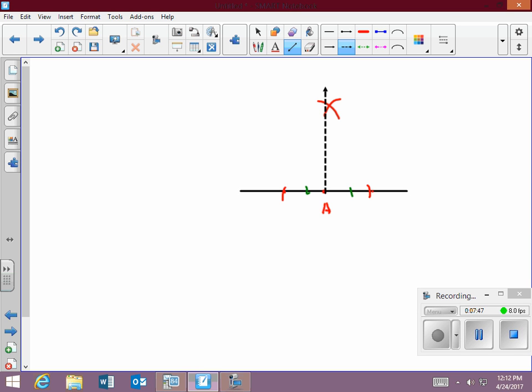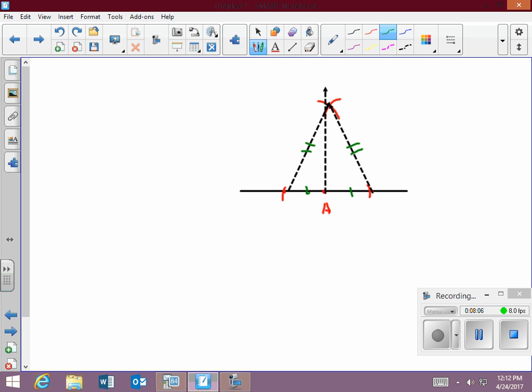Now what you've essentially done is, through construction, you have constructed this side, and this side is congruent.